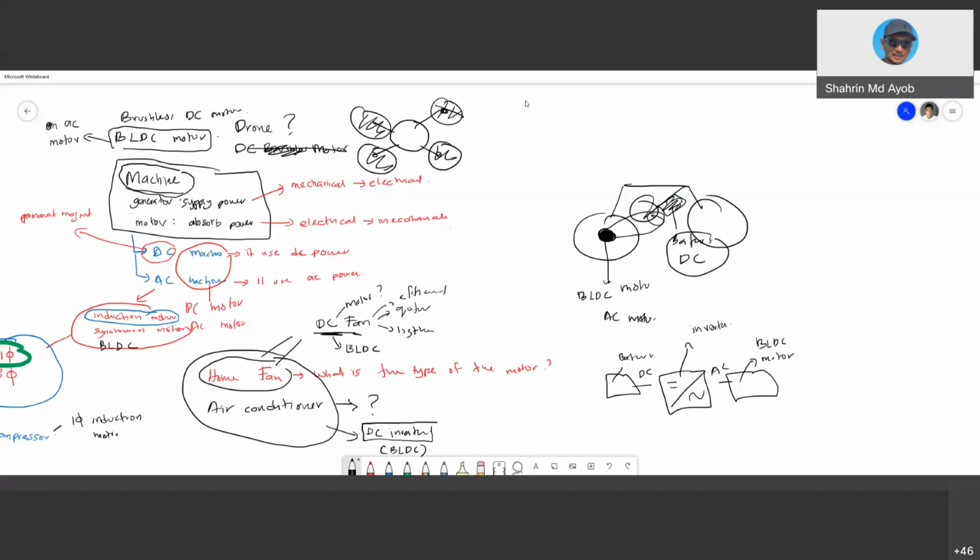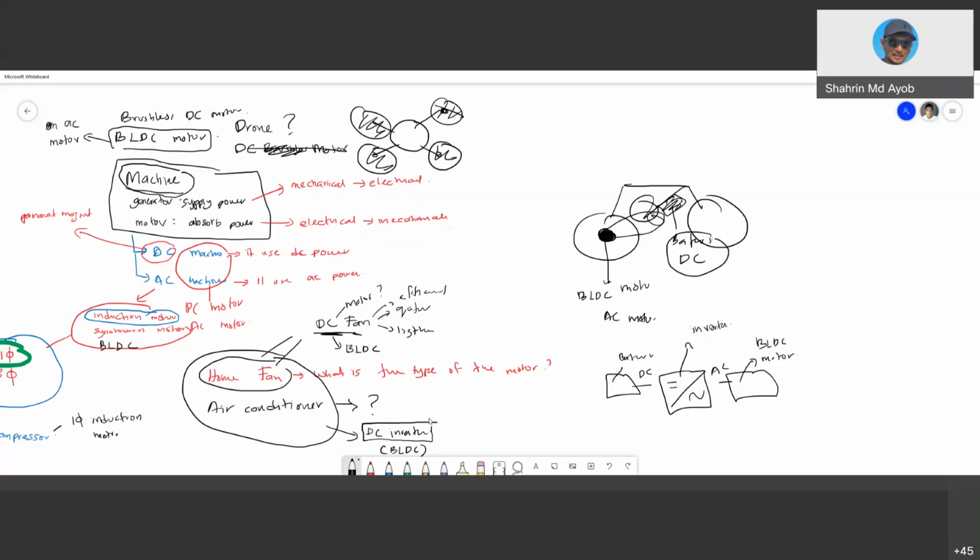For the air conditioner, it depends. Mostly they are induction motors. But for the higher end, modern air conditioners, some of them use what you call a DC inverter, meaning that it uses a BLDC.